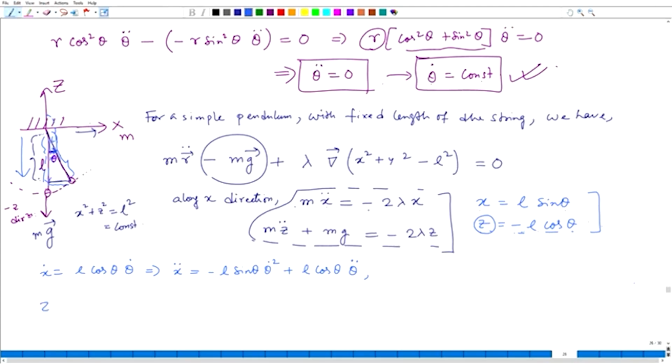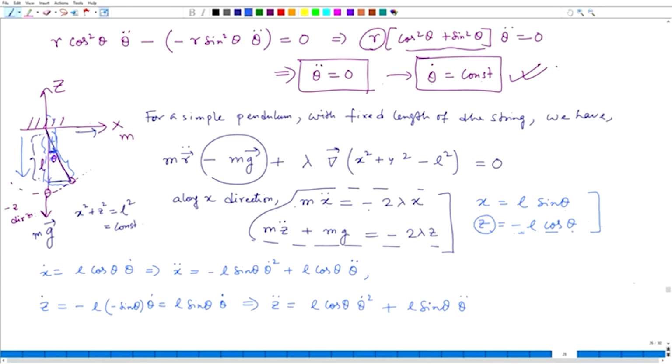Then you will also have z dot is equal to minus L times minus sin theta theta dot, which is L sin theta theta dot, and then z double dot will simply be equal to L cos theta theta dot square plus L sin theta theta double dot.